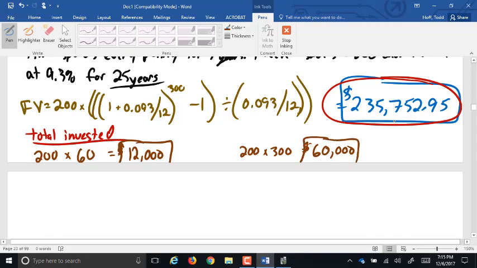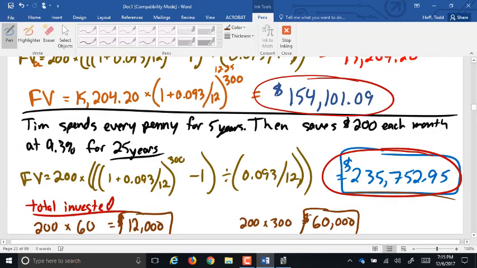Tim invested 5 times as much and only got about 50% more. If I do this example where in the first one, Tim invests for 8 years and then lets it sit there for 25, it actually works out to get about the same amount.